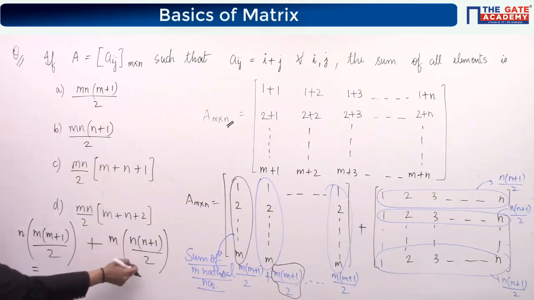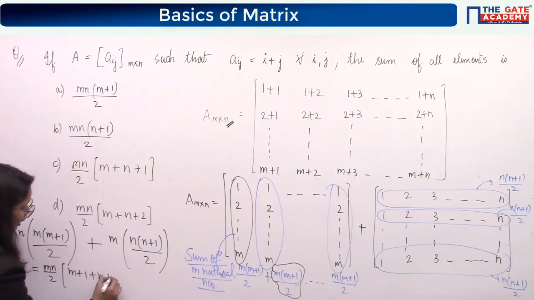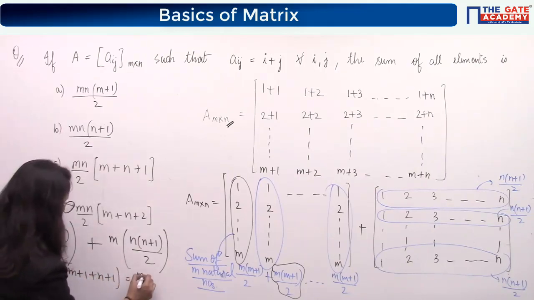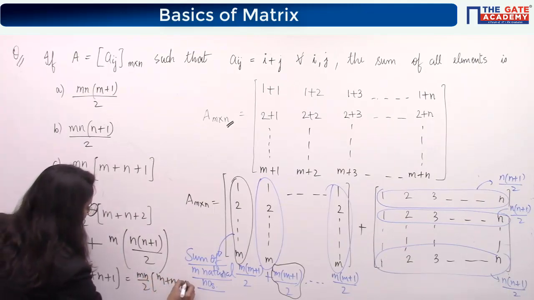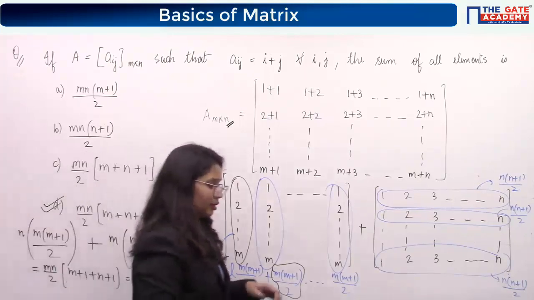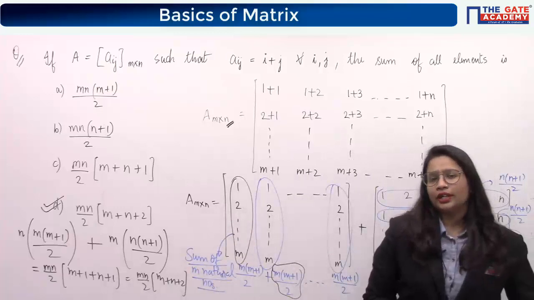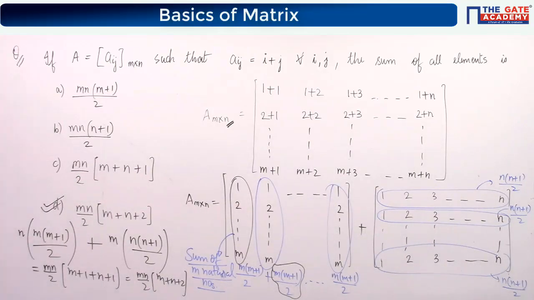Mn by 2 is common in both. The remaining is m plus 1 plus n plus 1. So it will be Mn by 2 into m plus n plus 2, which is given in option D. Now you can write it and please ask if there is any doubt in this.